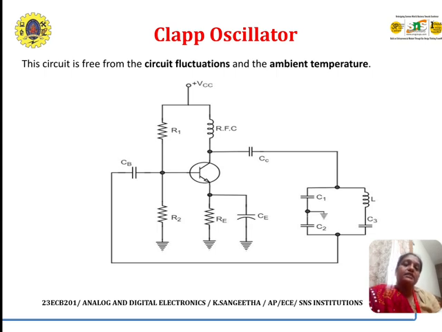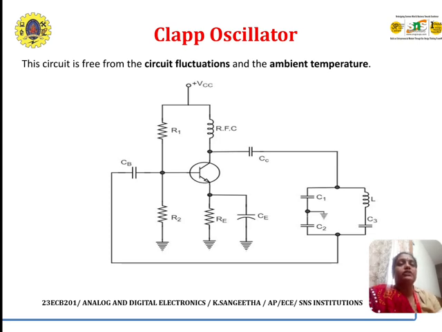It consists of a feedback circuit, in which three capacitors C1, C2 and C3 are used. Compared to the Colpitts oscillator, there is an additional capacitor C3, which is very small in capacity.